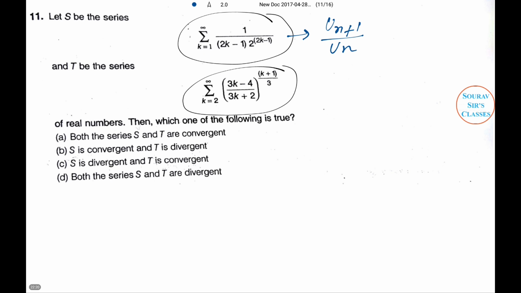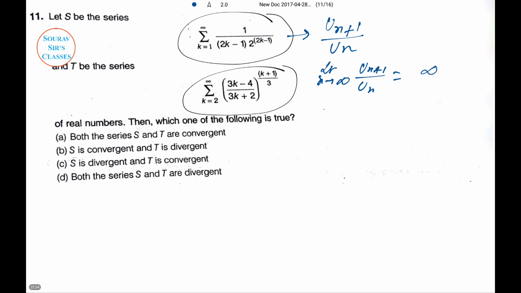And in the second case also we have to do it in the same way. In the very first case, limit n tends to infinity, un plus 1 by un will give you infinity. And in the second case, limit n tends to infinity, un plus 1 by un will give you 1.